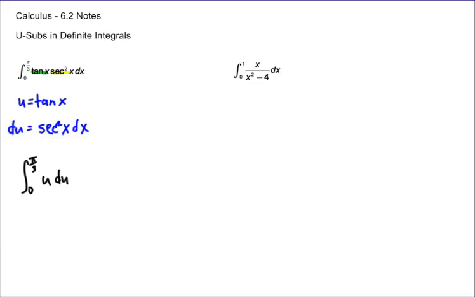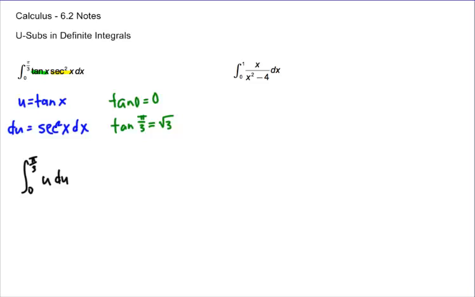So we're going to look at when u is equal to tangent x: the tangent of 0, and the tangent of 0 is 0. That's my lower limit of integration. Then we look at the tangent of pi over 3, and that's going to be the square root of 3.